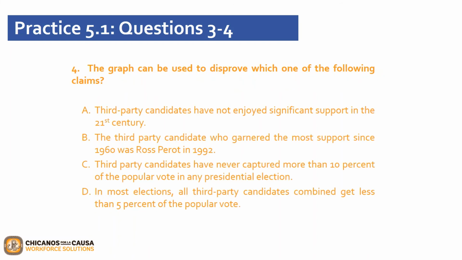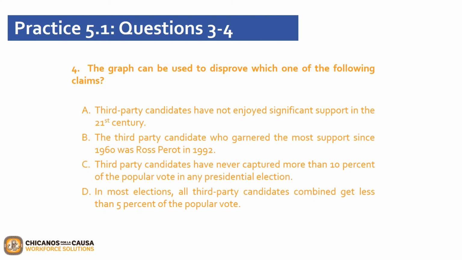Question 4 states, the graph can be used to disprove which of the following claims. Our options are: A, third-party candidates have not enjoyed significant support in the 21st century. B, the third-party candidate who garnered the most support since 1960 was Ross Perot in 1992.